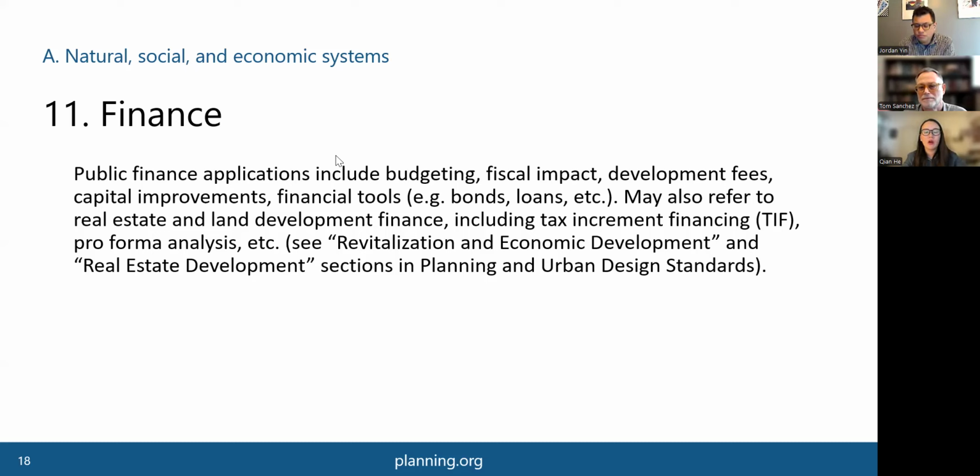So those are all related to finance and pro forma analysis. For example, there is guidance on the revitalization and economic development and real estate development sections within the planning and urban design standards. And again, those are very important terms to pay attention to while you prepare for an exam.